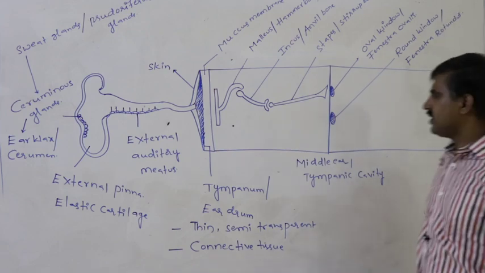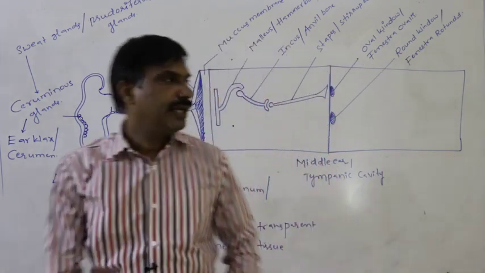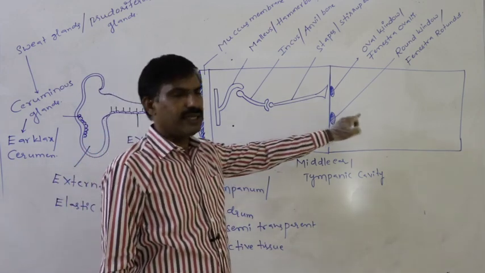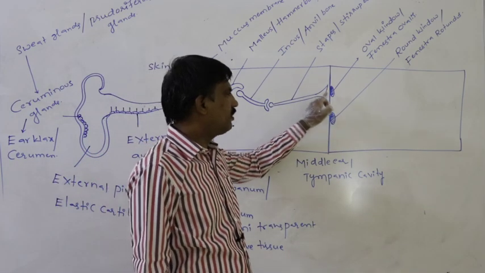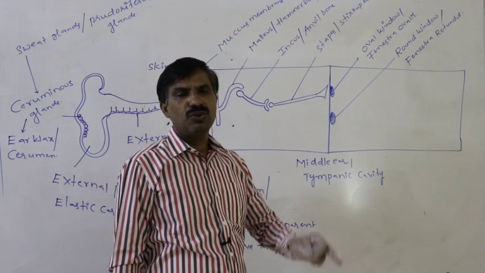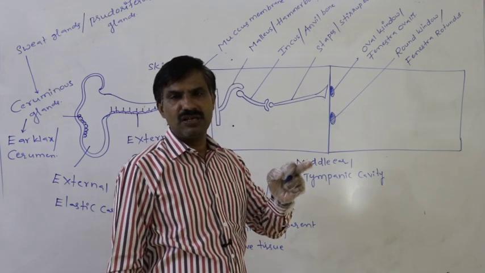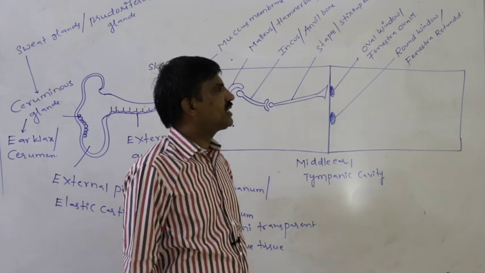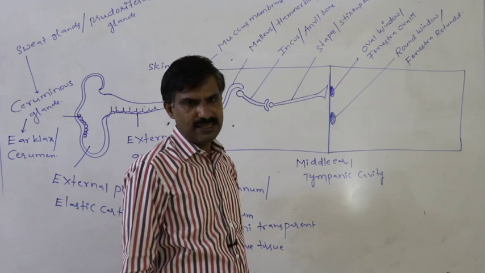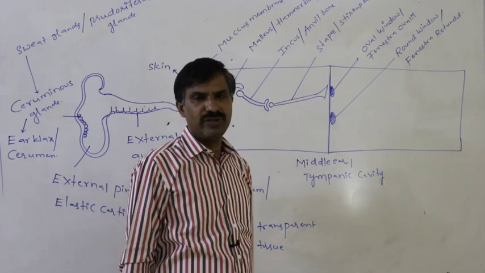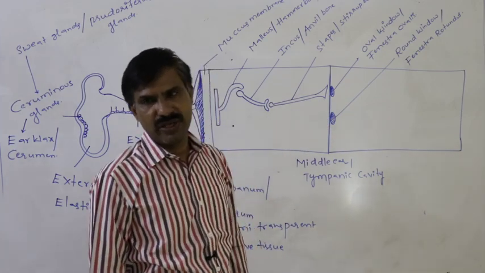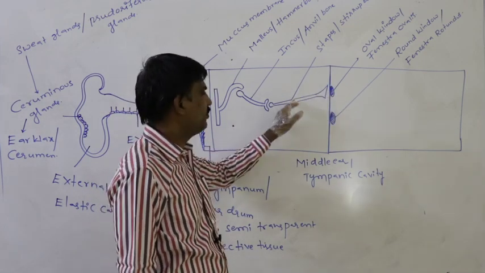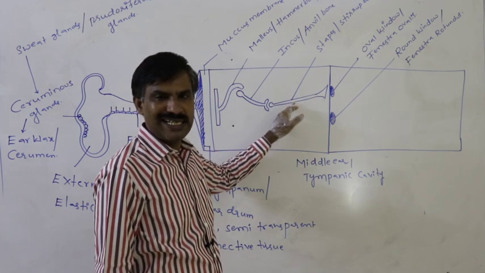Definitely, on the bony partition between the middle ear and inner ear, two membrane covering openings are present. The upper opening is the oval window or fenestra ovalis. The lower window is the round window or fenestra rotundus. To the oval window, the stapes bone or stirrup bone attaches.